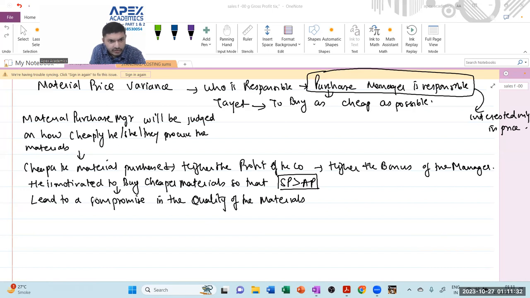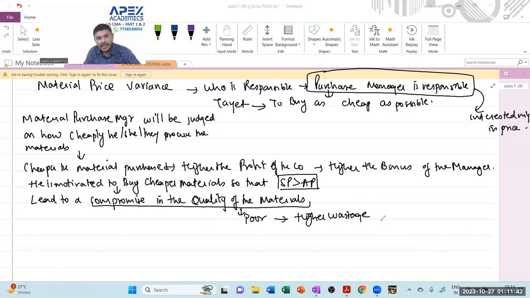If the quality of the materials is poor, there will be higher wastage and the laborer will require more time to produce, as a lot is wasted.